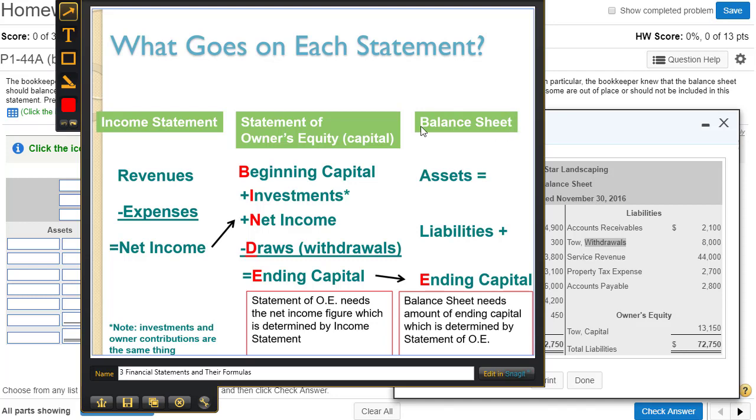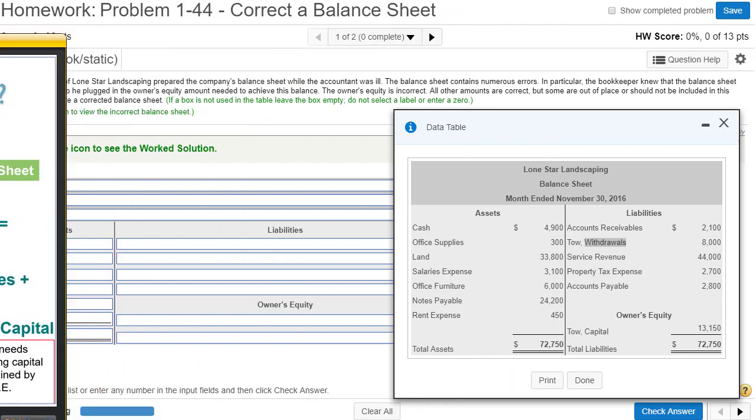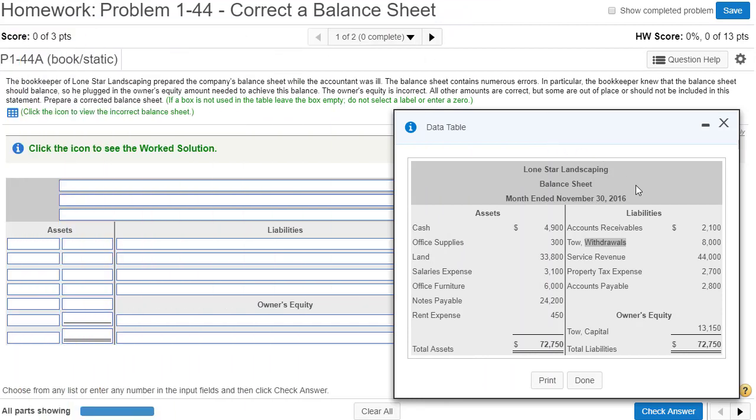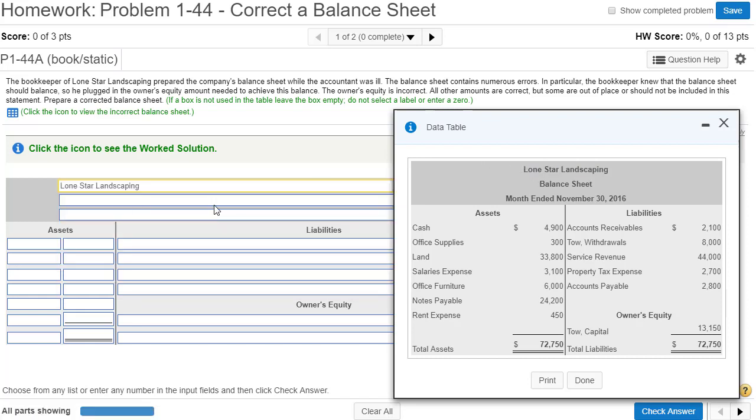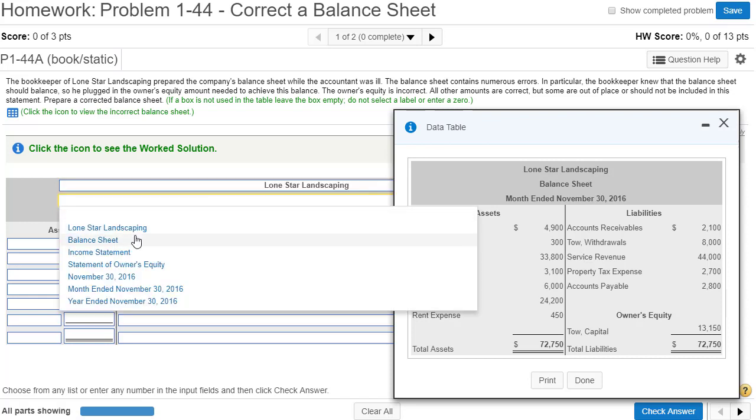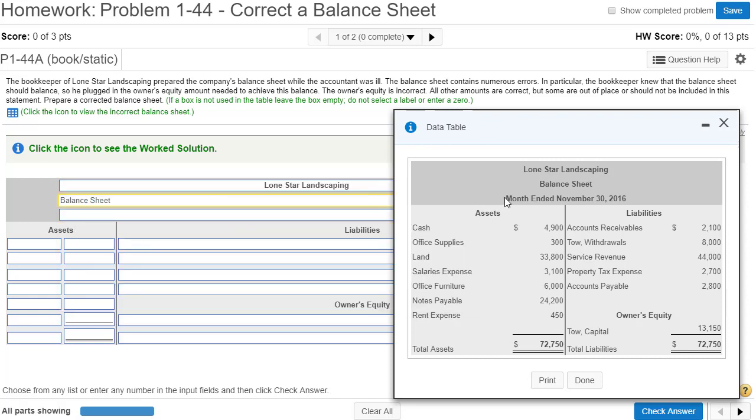So let's work on the balance sheet and let's work on the asset section. But I guess first we have to do the 3-line heading. So let's look at this 3-line heading. Did they do it right? The first line is always the name of the company. The second line is the name of the statement, which is correct. Now notice on the third line, the date-related line, they use the whole month.